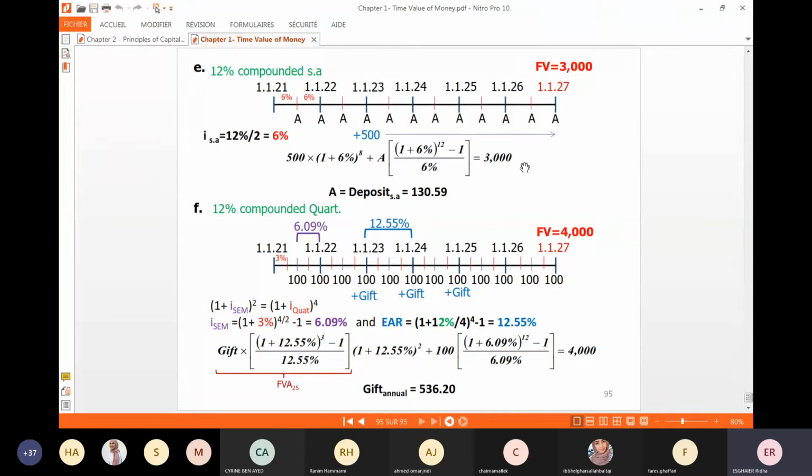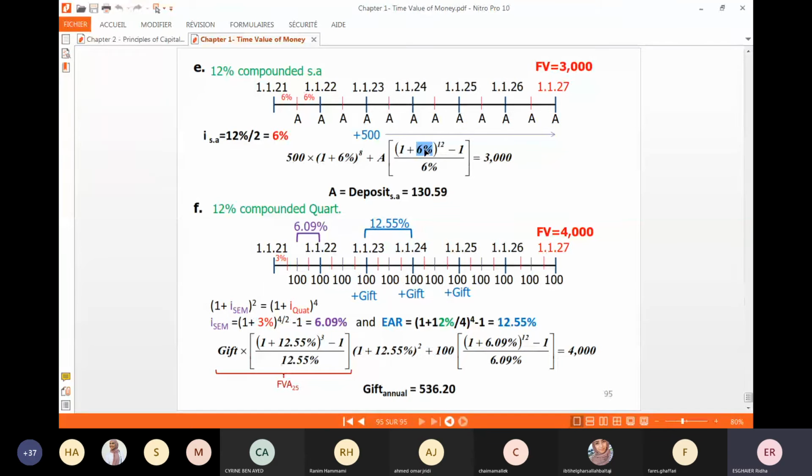Since the deposits are semi-annual, the periodicity is 6 months. The interest rate that we should use in the formula of the annuity must be the interest rate of 6 months. An interest rate that you receive each 6 months. So the interest rate that each A will receive each 6 months, since A are semi-annual, is the semi-annual rate. 12% compounded semi-annually is equivalent to get 6% each semester.